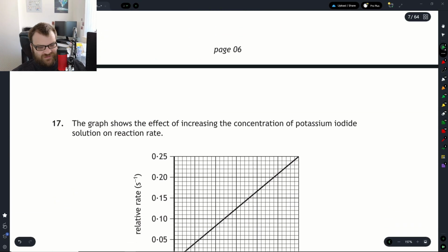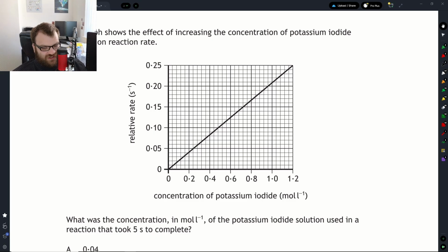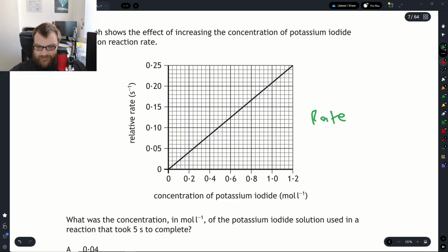On to number 17. In this question, we're given a graph. We're asked about the concentration of potassium iodide solution used in a reaction that took 5 seconds to complete. The graph is to do with rate and concentration, so we're going to turn our time into a relative rate. So our rate is going to equal 1 over T, which is going to be 1/5.